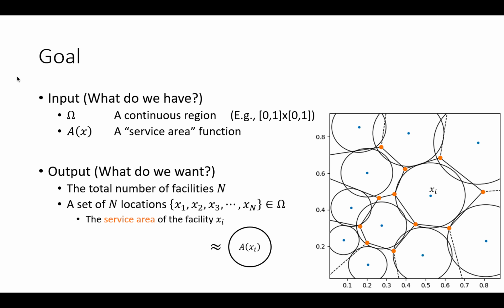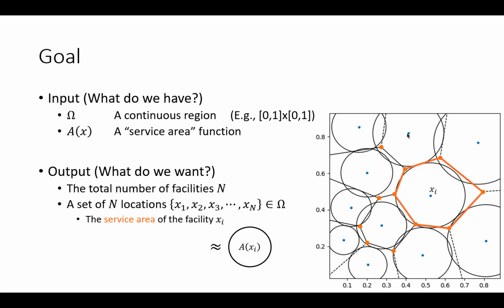Consider I have a solution like this. Each dot represents a facility I want to build, and each circle is the service area given by the CA function A of x. And given all these dots in the region, I naturally have a service area according to the Voronoi tessellation.